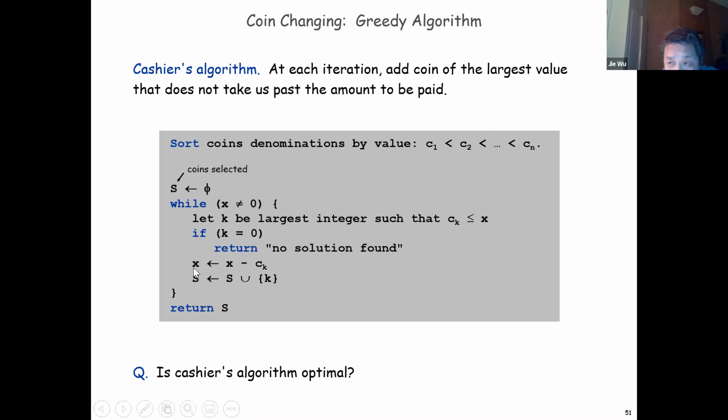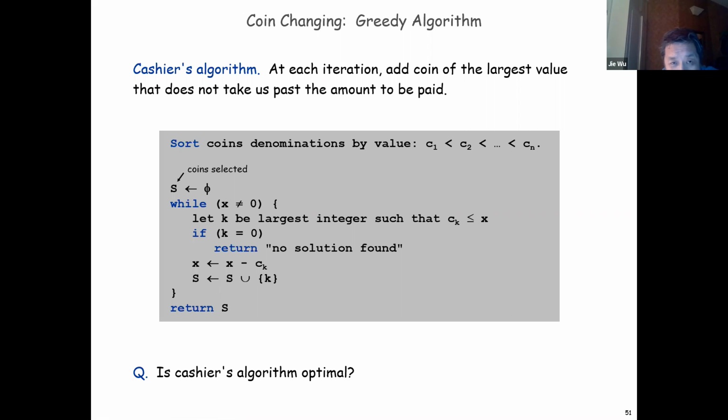So this is the newly updated one. And this S is the set of coins, right? Whether you pick a nickel, dime, or quarter, you just put it in there. So at the end, S gives you the solution.